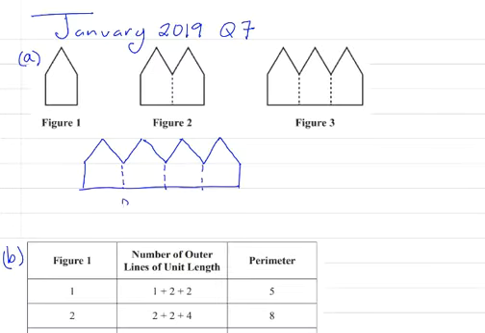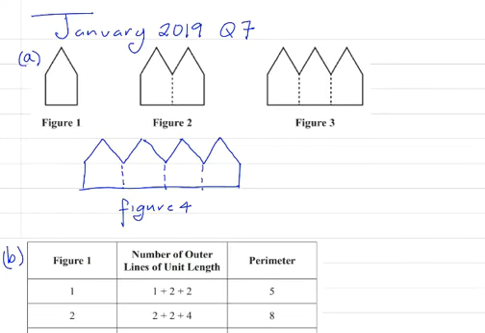Alright, so this would be figure 4. I guess you could make it neater by using a ruler instead of doing it freehand, but essentially figure 4 of the sequence would look something like that.